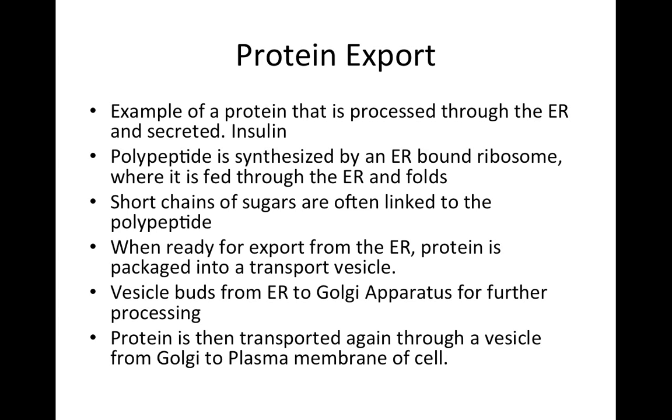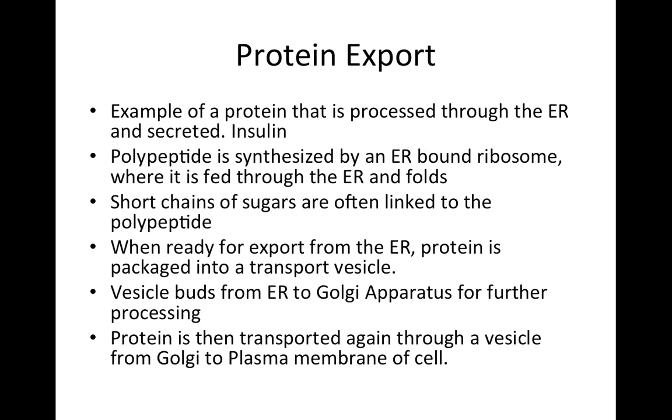Again, we're going to look at the mechanism in great detail in part 2, but basically a ribosome, which is either already bound to the ER or will become bound to the ER, finishes the translation of the protein, and as the protein is being made, that polypeptide chain is fed into the ER. Once in the ER, a lot of times some processing will occur. Short chains of sugar are attached and linked.